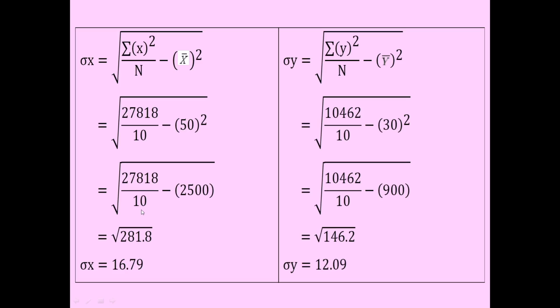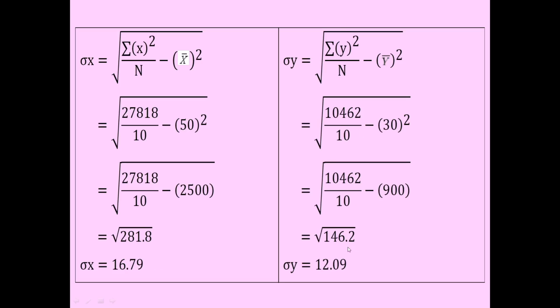So this division has been carried out, and 2,500 is subtracted, and the answer that comes is 281.8. If we take the square root, the standard deviation of x is obtained, that is 16.79.